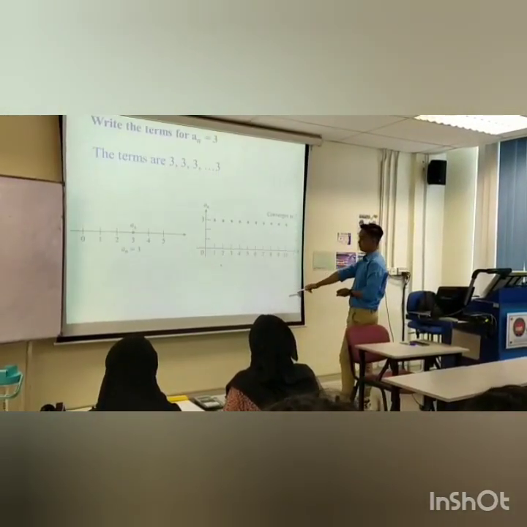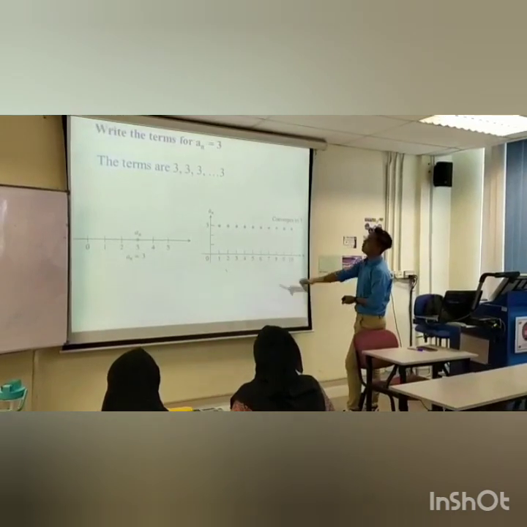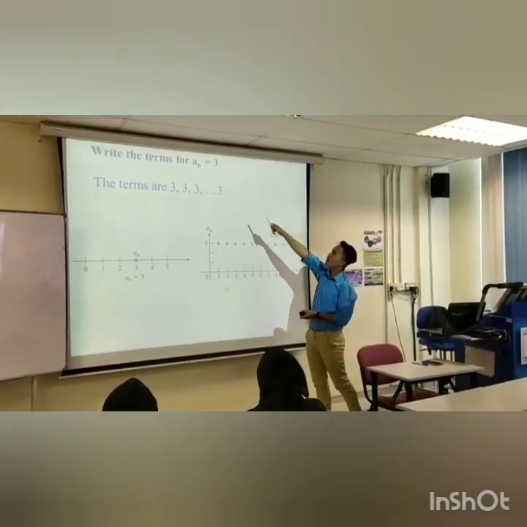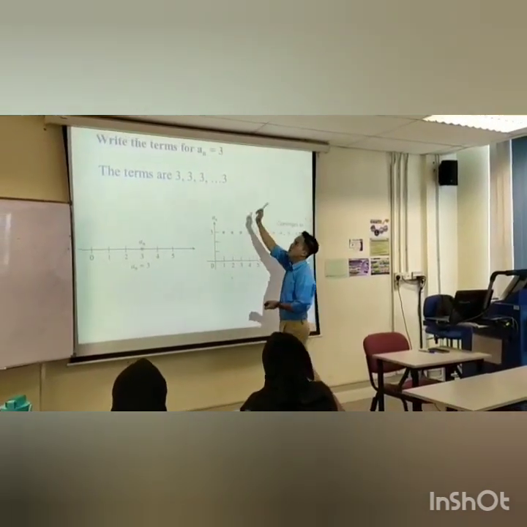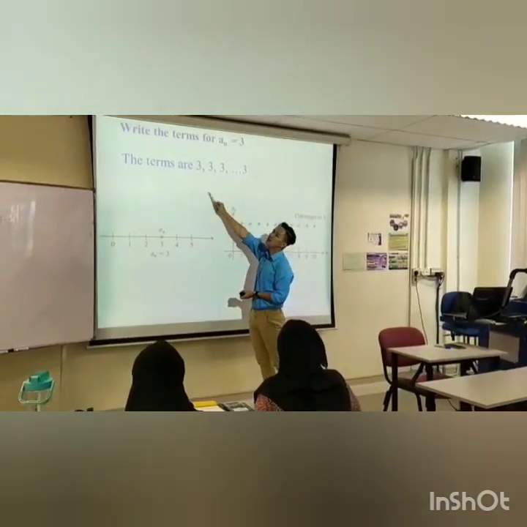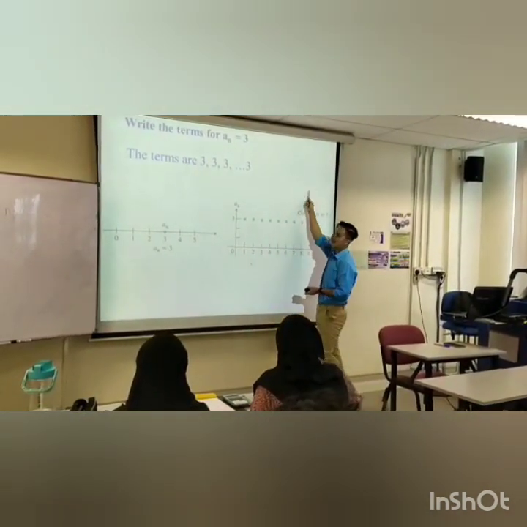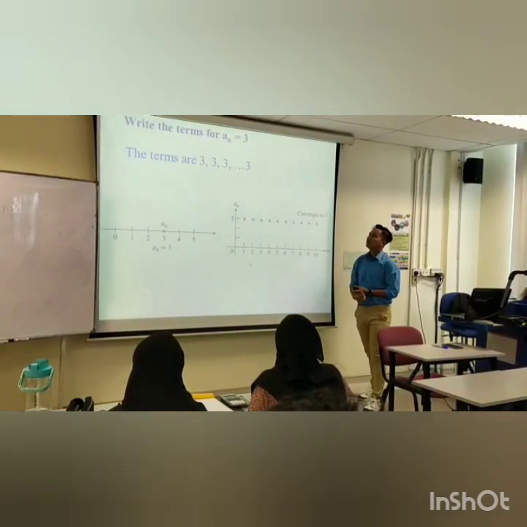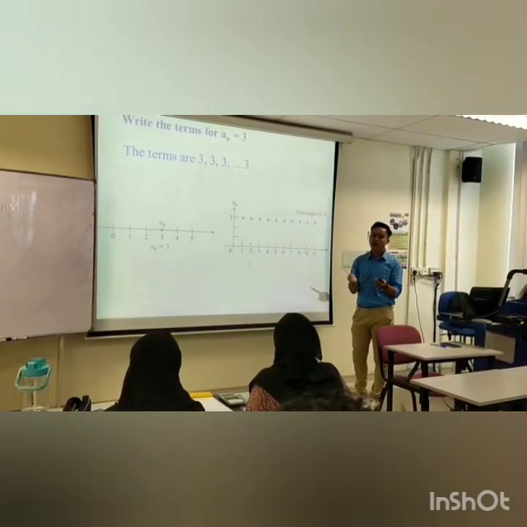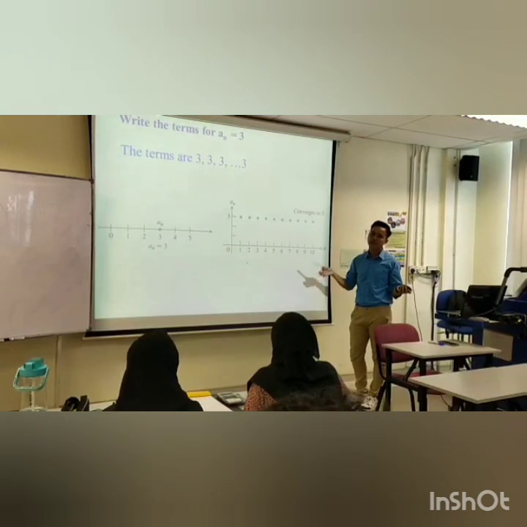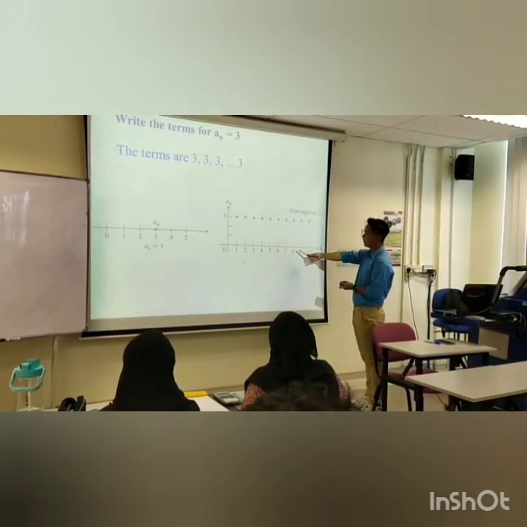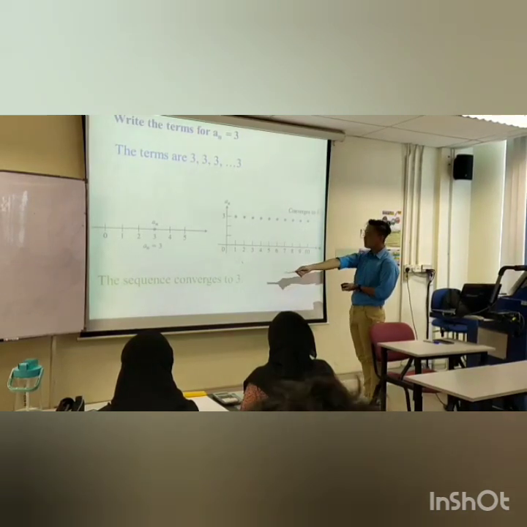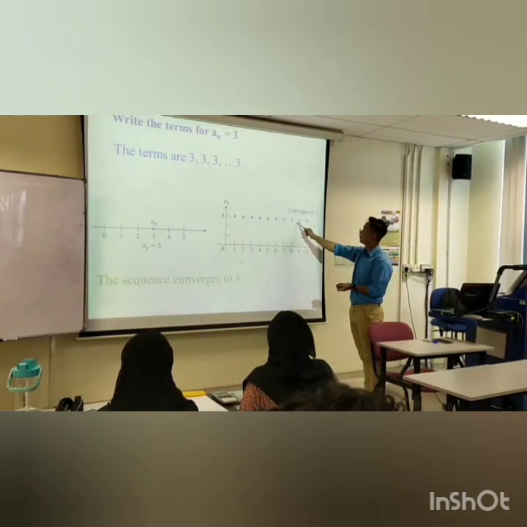Okay. So write the terms for an equals 3. When you find a question like this, the terms are 3, 3, 3 and it remains 3, because it doesn't have any unknown that we can replace the value in. Okay, so this is it. The sequence converges to 3.